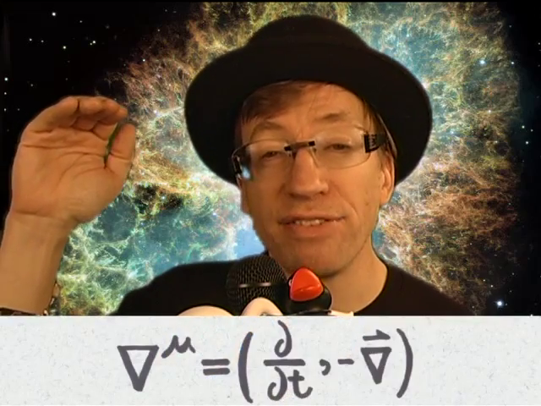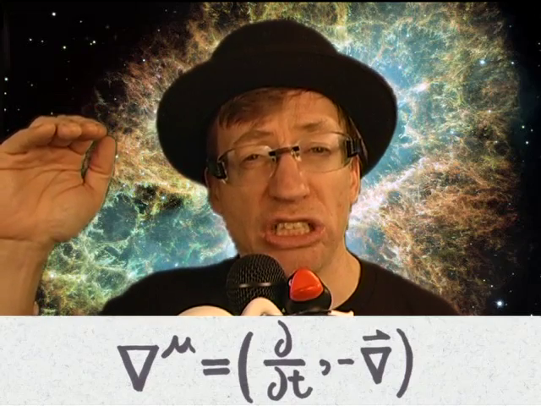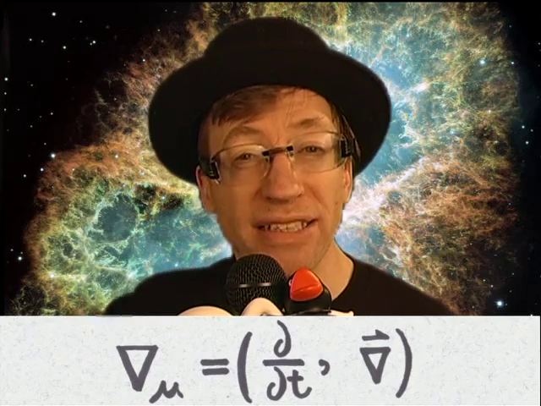In that the contravariant vector, that's all positive, but the contravariant derivative has a positive time derivative and a minus divergence. And the covariant vector, that's the guy that threw in the minus, the covariant derivative, it has all positive.